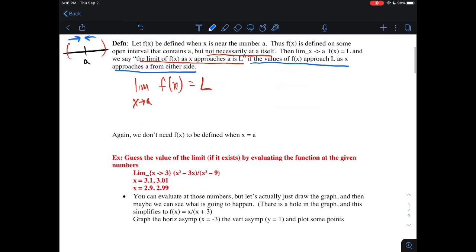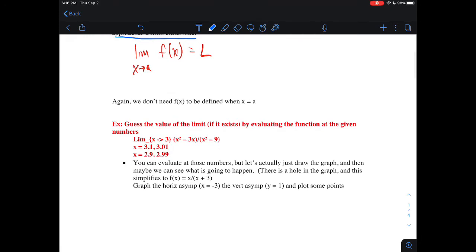So let's start by looking at an example. Let's guess the value of the limit, if it exists, by evaluating the function at the given numbers. So here we are trying to guess the value of the limit as x approaches 3 of the function x squared minus 3x divided by x squared minus 9.